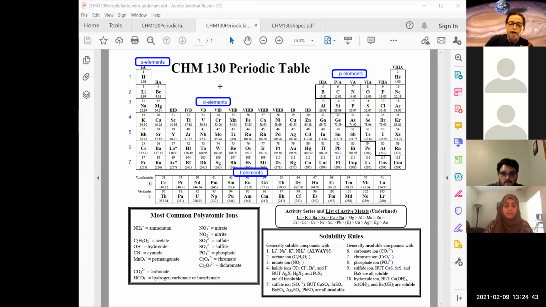So that's why they're in that group, because all these guys right here have 1 electron in the outermost shell. So lithium, number 3, has a total of 3 electrons, because we got that from the atomic number.